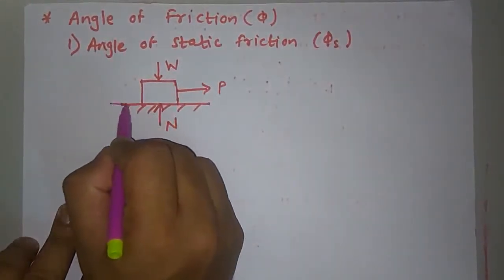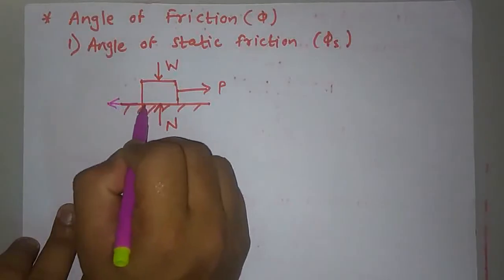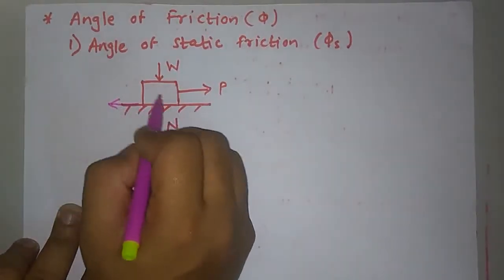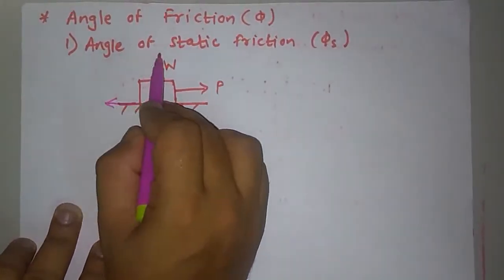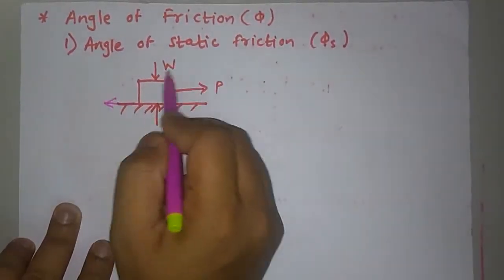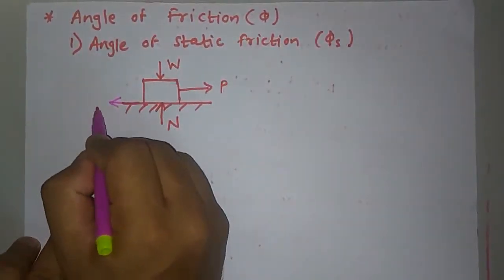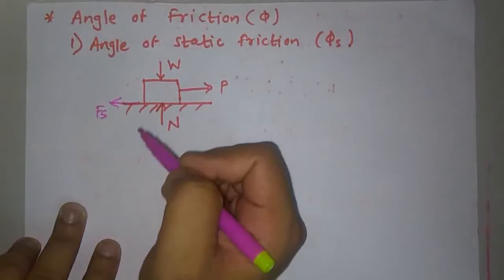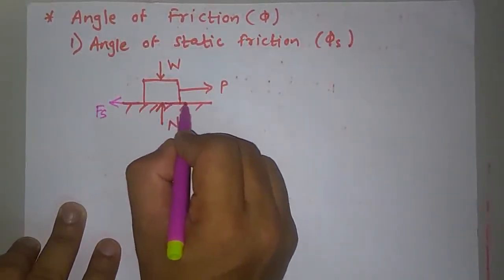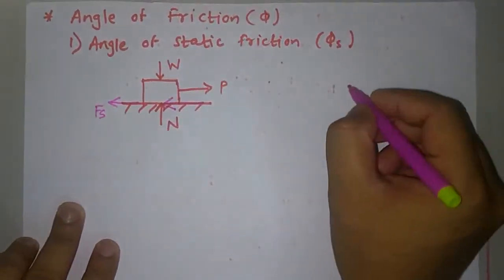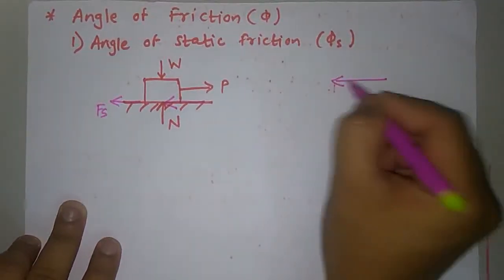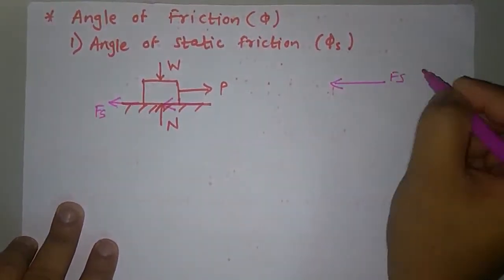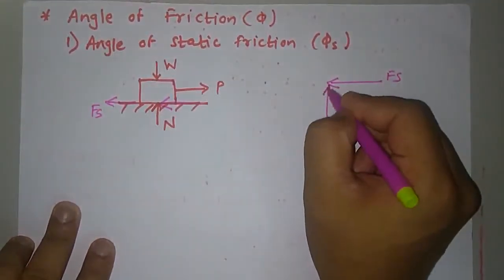So generally friction force is here, along the surface. Here we are looking at angle of static friction, means the body is at rest, so here it is friction force Fs. I will redraw this part. So this is my frictional force, this is my normal reaction force.